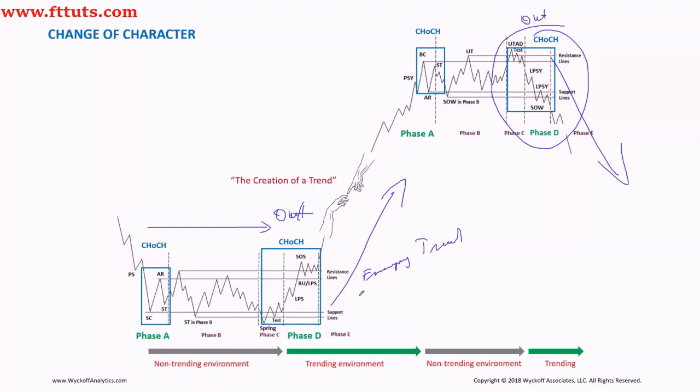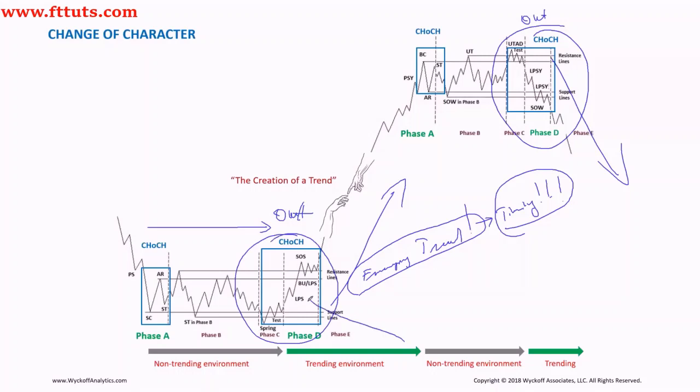And by the way, I talked about this in the last class. It's an extremely important concept from the point of view of timing. This is where all of our trades are going to originate. And this is where I'm going to lead you, both in the selection process and in trade management. In our selection process, we just want to find this moment.